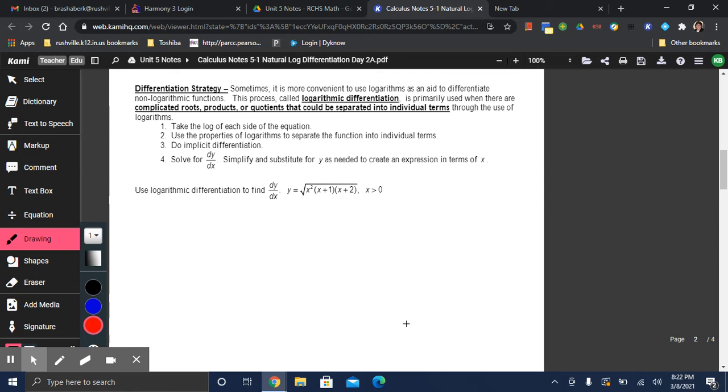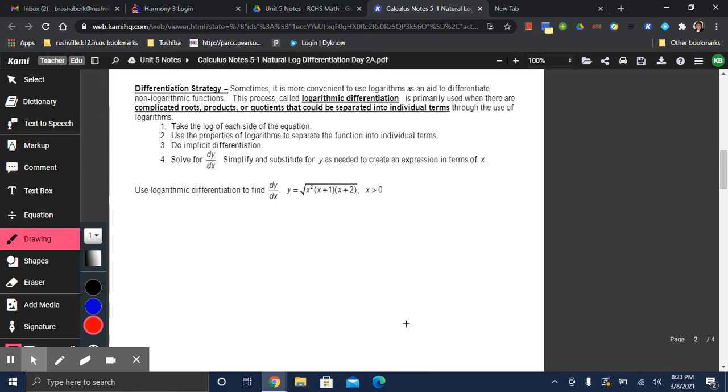It's, as I've got in the paragraph there, more convenient sometimes to use logarithms when you have roots, products, or quotients, because the logarithm will allow you to separate them into individual terms.